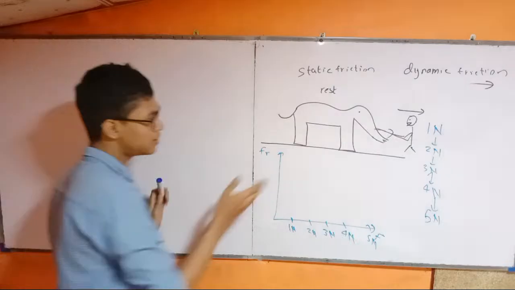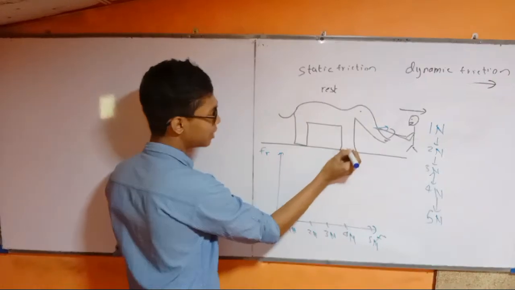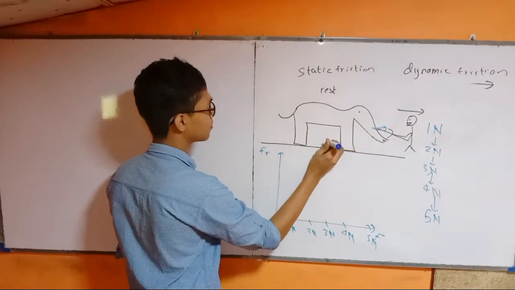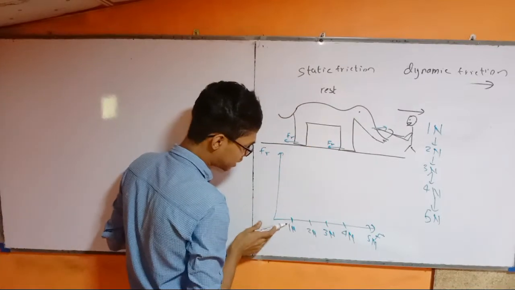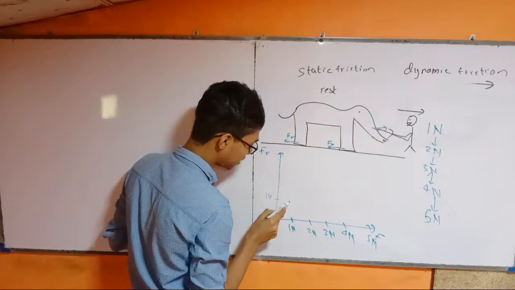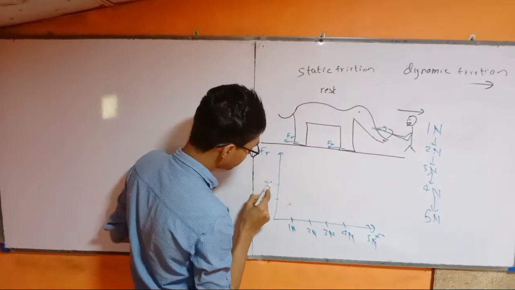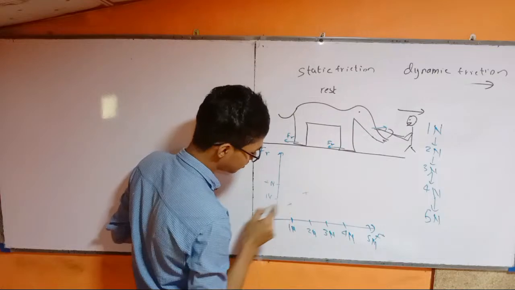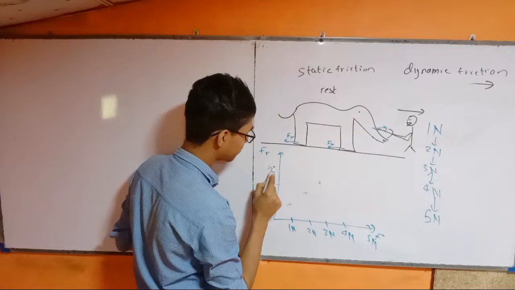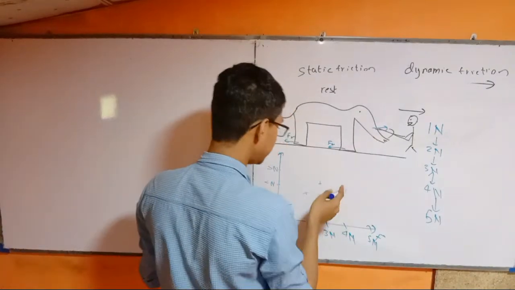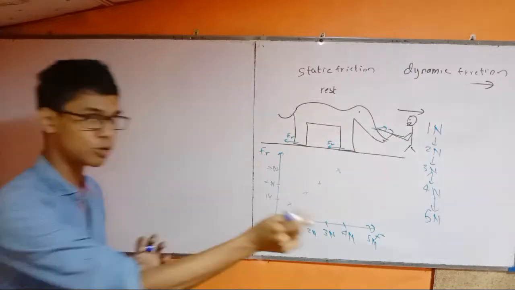As we apply force in this direction, an equal and opposite force of friction is acting by his legs. Therefore 1 Newton means 1 Newton of friction. 2 Newton means 2 Newton. 3 Newton means 3 Newton, still not moving. Then at 4 Newton, it's on the verge of moving. And at 5 Newton it moves.